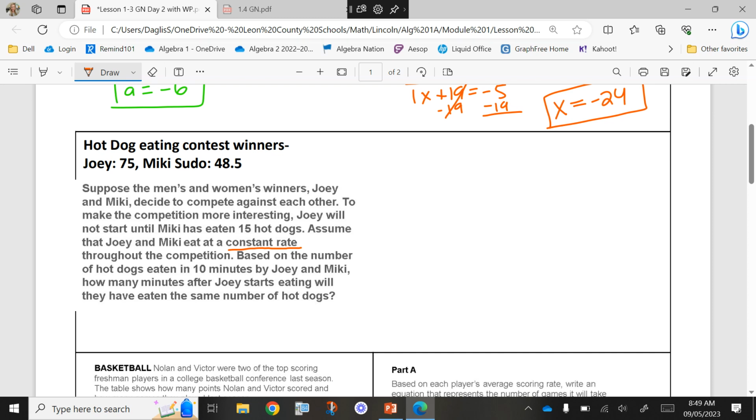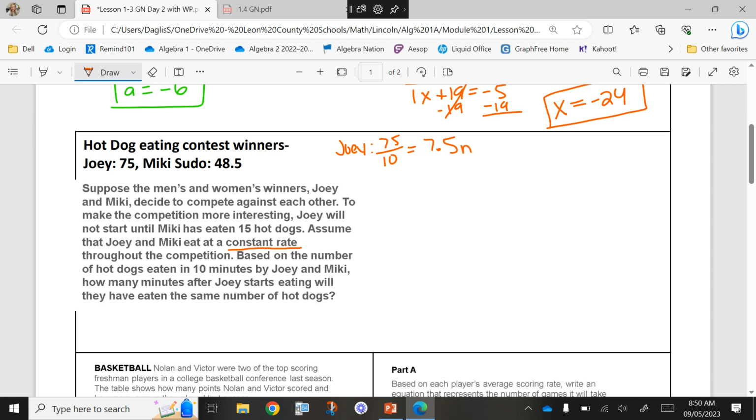So we can find each of their slopes by taking their totals and dividing them by how long the competition was, 10 minutes. So for Joey, I'm going to do 75 divided by 10. So he has a constant rate of 7.5 hot dogs per minute.